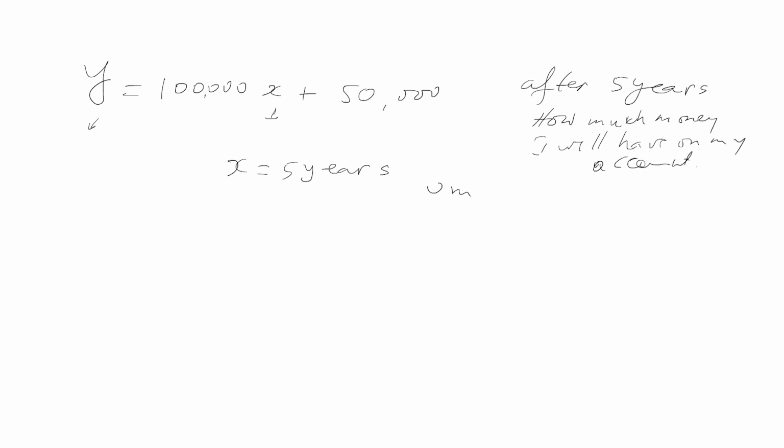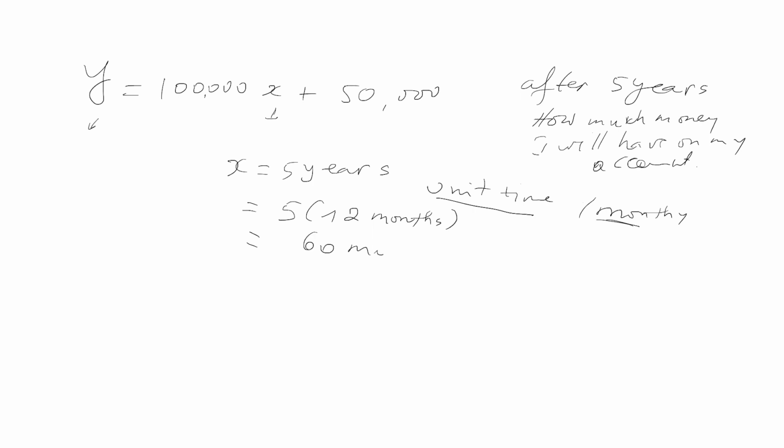Remember, I'm saving per month. The unit now, the period of savings, is a month. This is why I have to convert these 5 years into months, given that a year is 12 months. Then my 5 years is related to 60 what? 60 months.